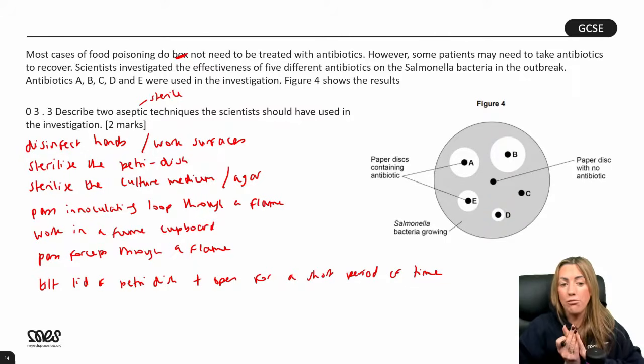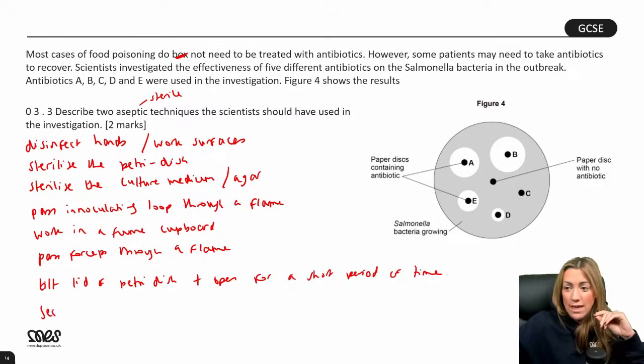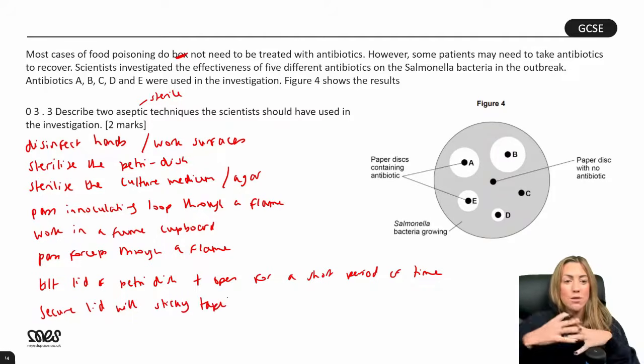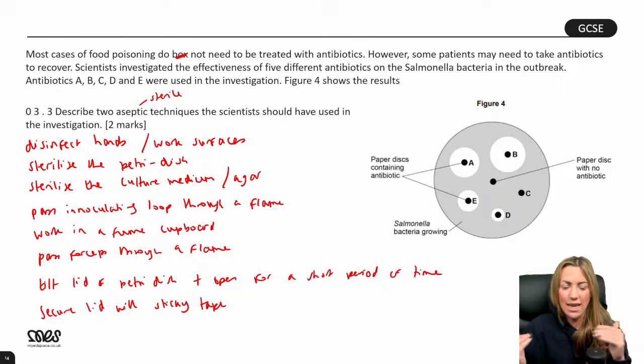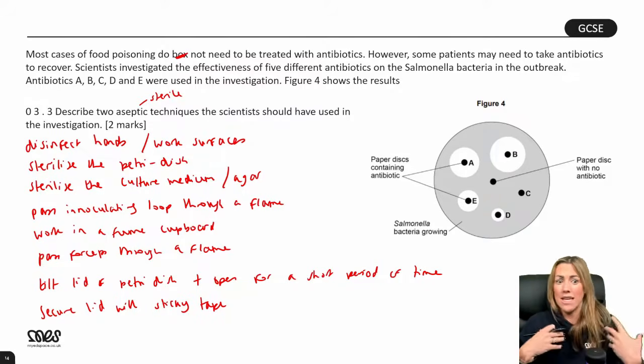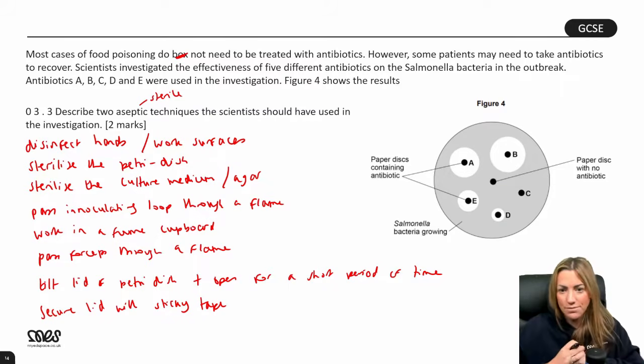So you open it for as brief a time as possible and you hold the lid at an angle so the bacteria can't get in. Secure lid with sticky tape or adhesive tape or sellotape. Obviously, so no one can open it easily, the lid can't fall off, and then potentially all the bacteria can get into the Petri dish and bacteria can get out and make you ill as well.